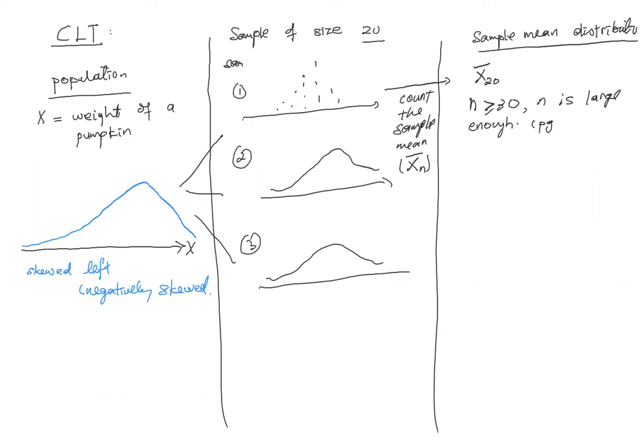Okay, so the sample mean distribution is large enough. The central limit theorem says that the sampling distribution, so this is my variable, since they say 30, we put 30 to make our life easy, will be normally distributed.